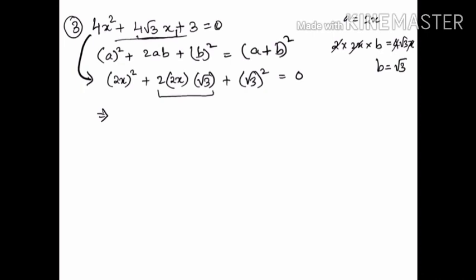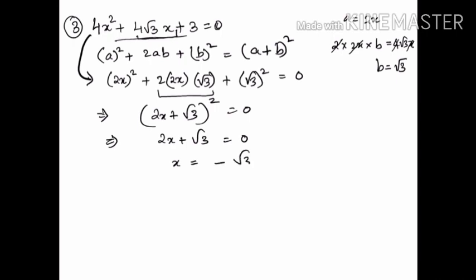So now this expression can be written as 2x plus root 3 whole square equal to 0. Taking square root on both the sides, 2x plus root 3 equal to 0, or x is equal to minus root 3 upon 2.